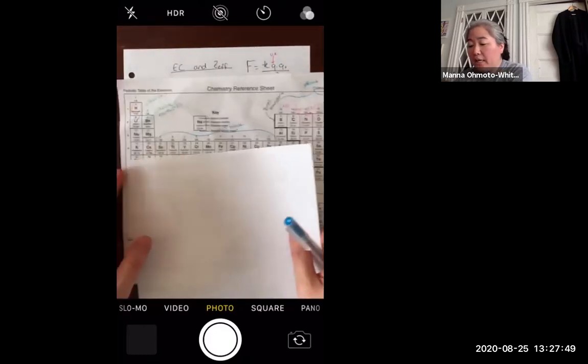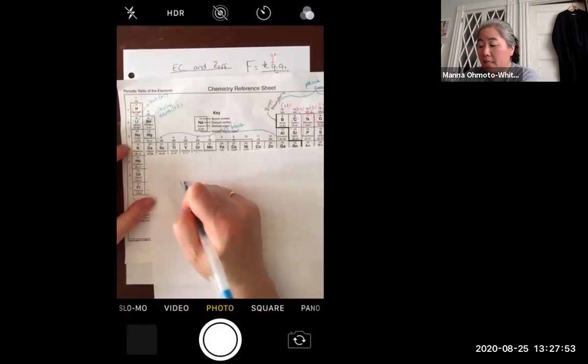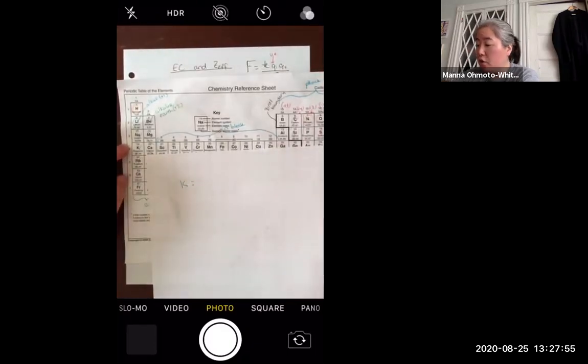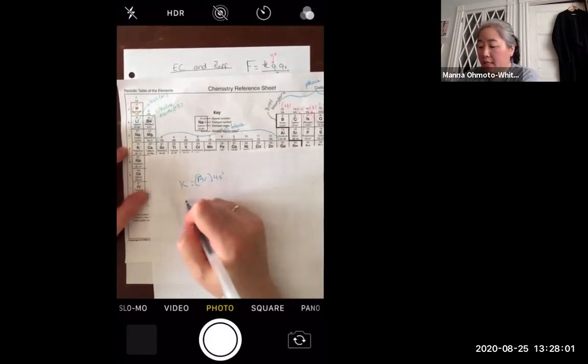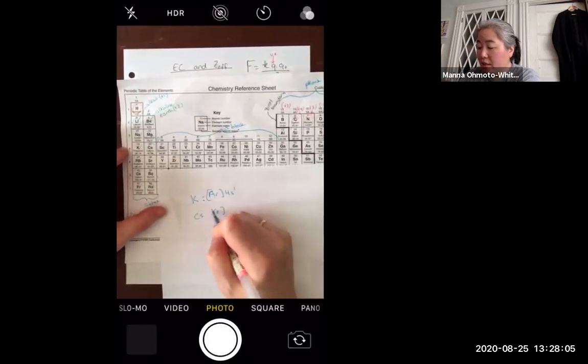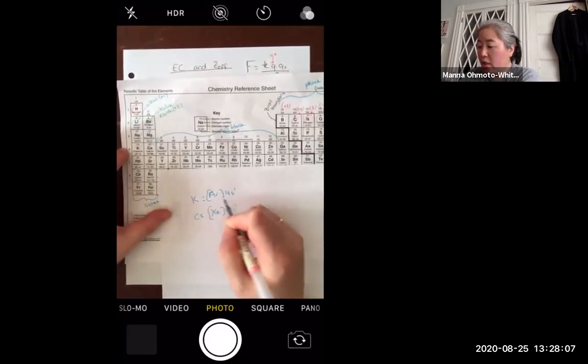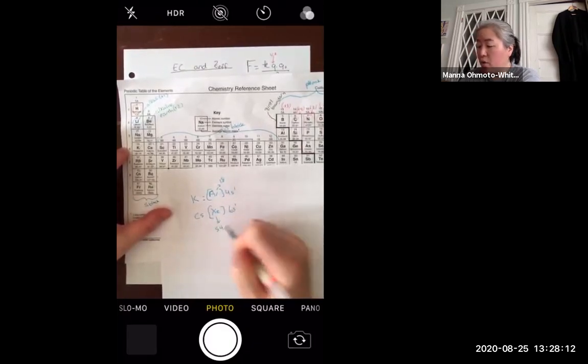So if I'm looking at potassium versus cesium, potassium has an electron configuration of argon 4s1, and cesium has an electron configuration of xenon 6s1. Argon has 18 electrons, xenon has 54 electrons.